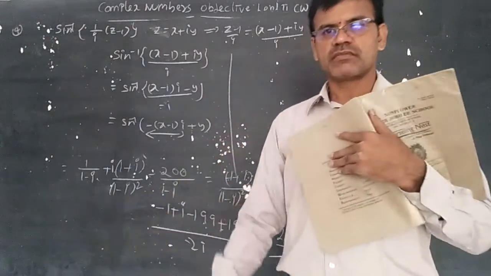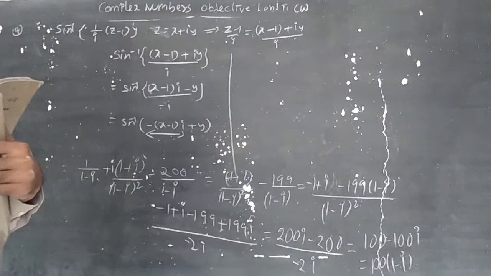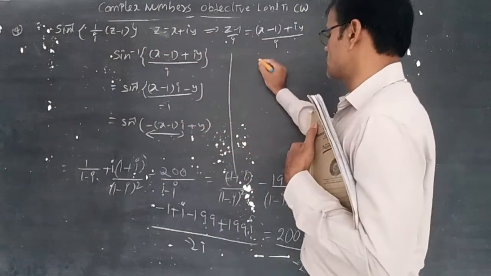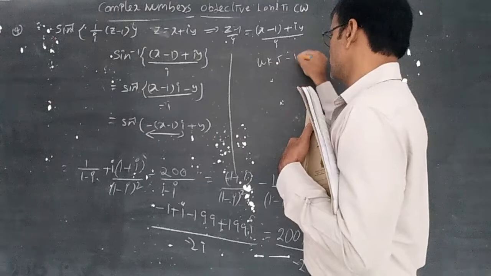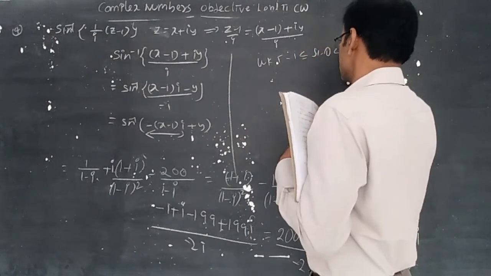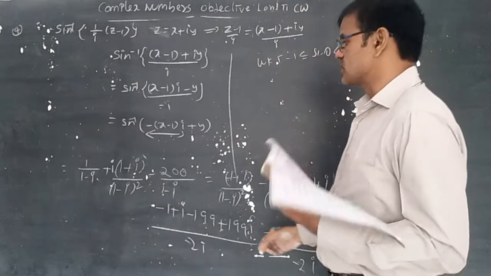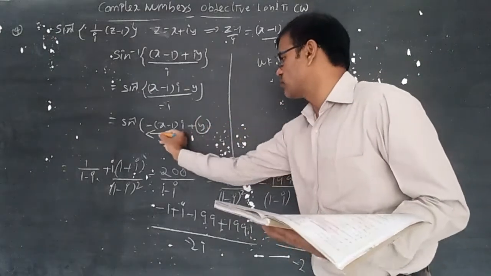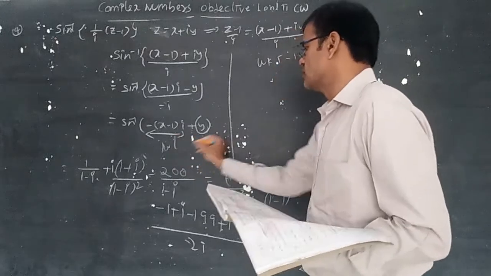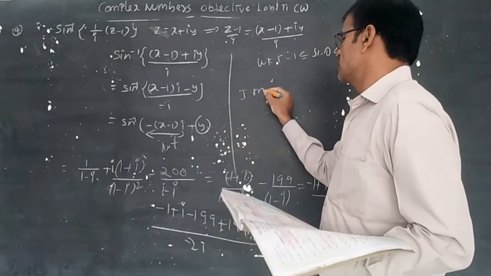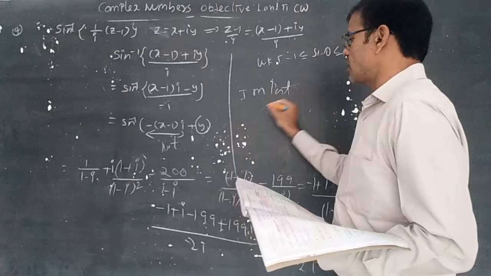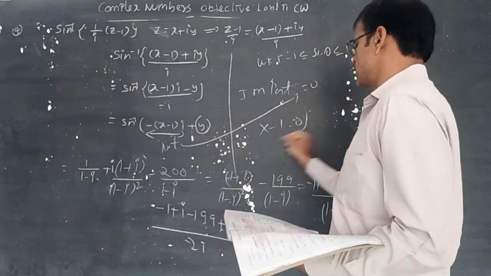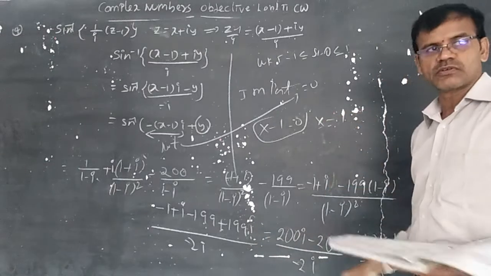Okay, here you can understand. There is no definition for imaginary numbers. Sine is defined only for real numbers. We know that minus 1 less than or equal to sin theta less than or equal to 1. So whatever this is here, there is no definition. This is not defined. So whenever it is not defined, the imaginary part of this is equal to 0, therefore x minus 1 is equal to 0, therefore x is equal to 1.